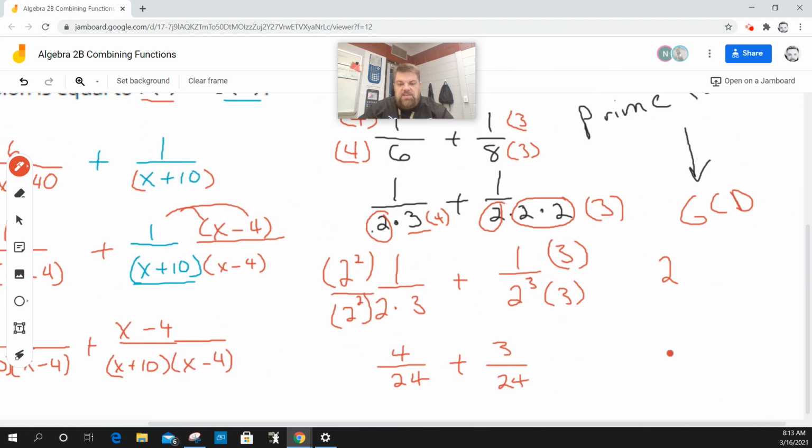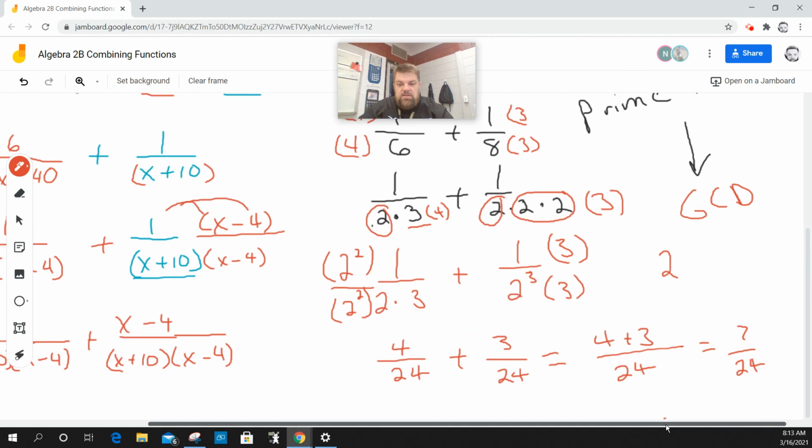Now, here's the interesting thing. When I go to solve this, technically we say 3 plus 4 all over 24, which gives me my 7 over 24. We're going to apply that same process over here.